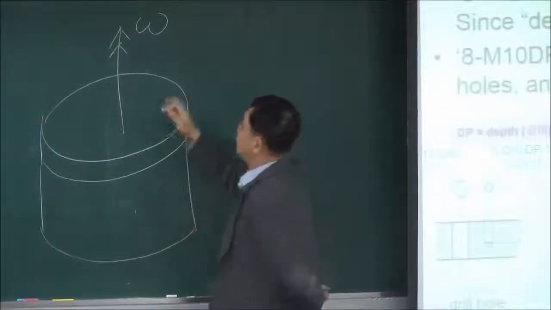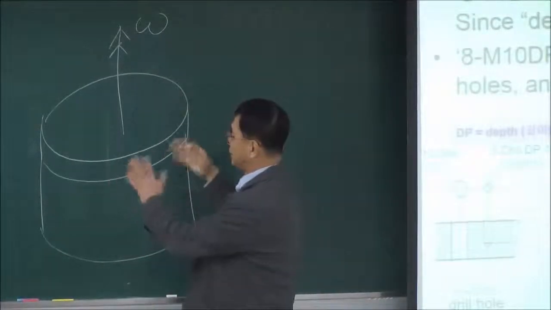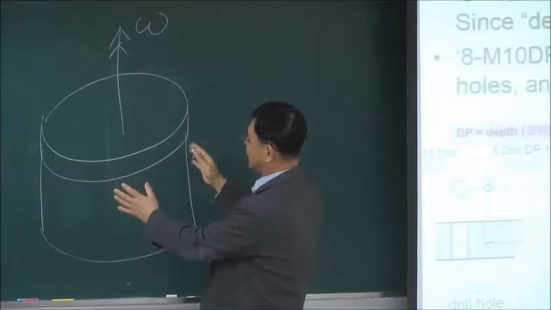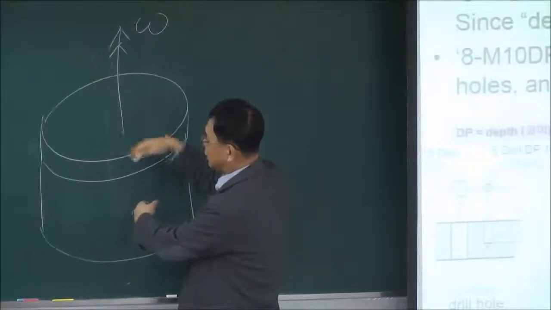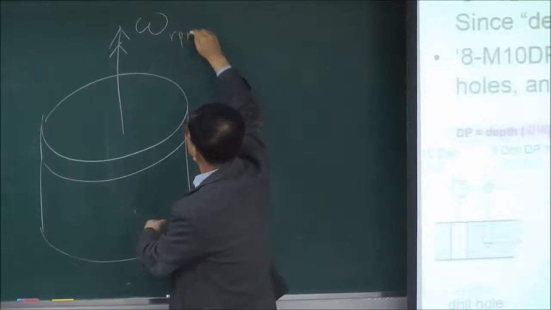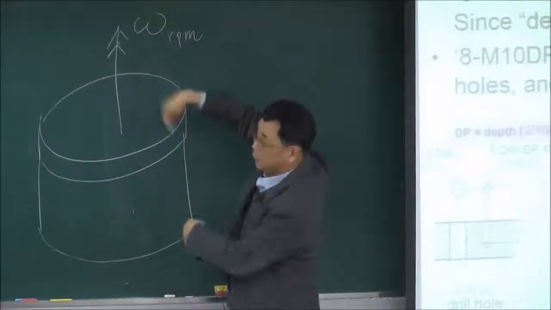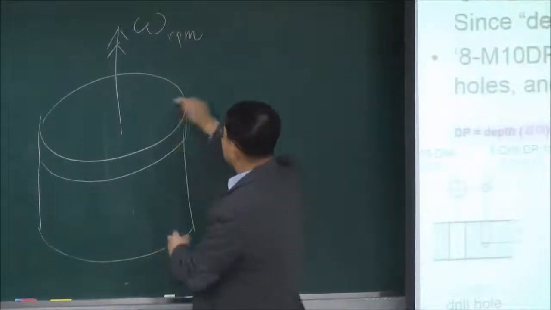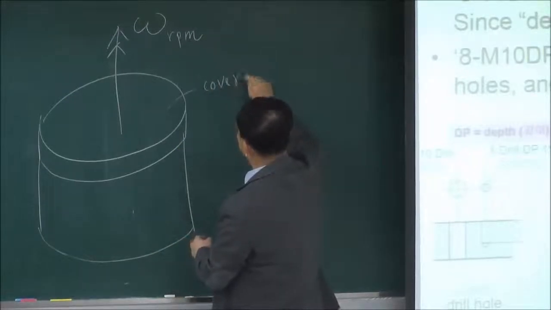Let's assume that this cylinder is rotating very fast, spinning so fast. This is a cover, and this is a body.